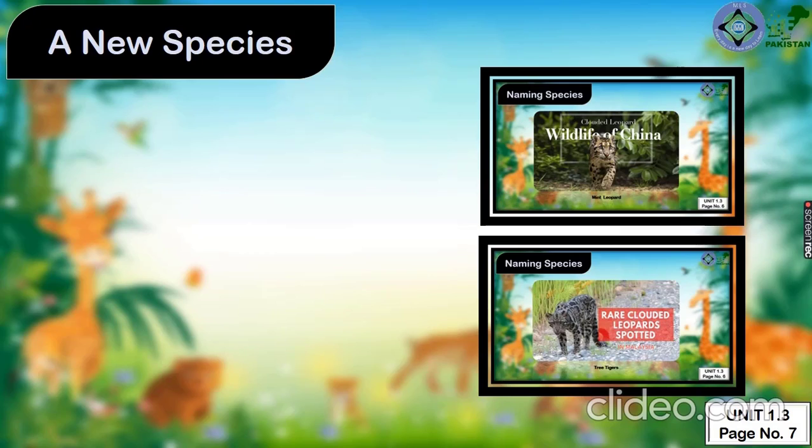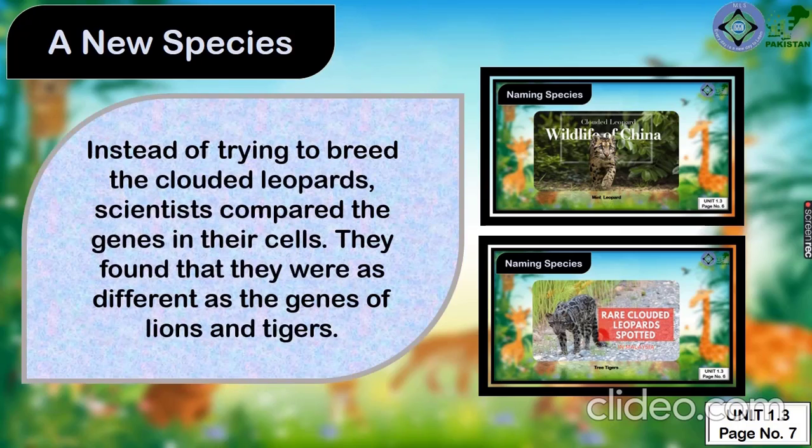That's why it's written here in your book. Instead of trying to breed the clouded leopards, scientists compared the genes in their cells. They found that they were as different as the genes of lions and tigers.